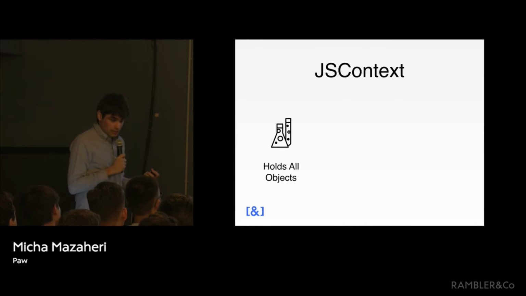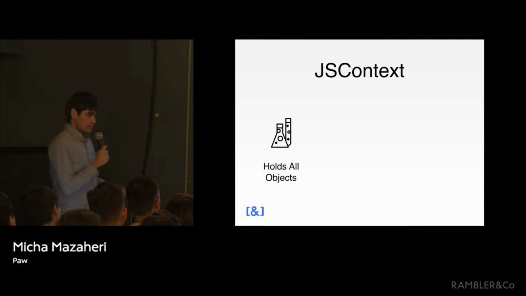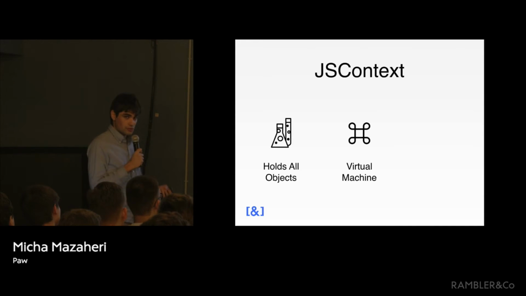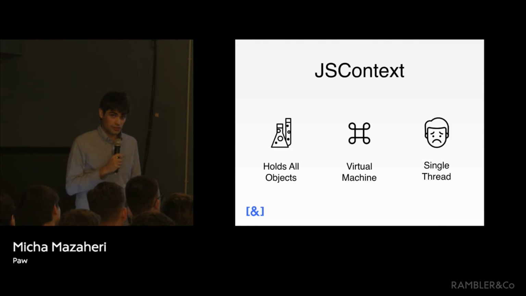The JavaScript context, which was the JSContext in the slide before, is a container where all the values we have in JavaScript, which can be classes, functions, will all be stored. The context is tied to the JavaScript virtual machine that evaluates all the JavaScript code behind it. And contexts are single-threaded.